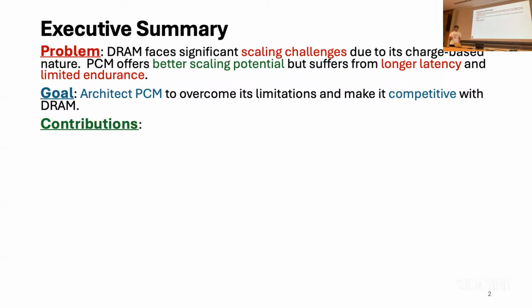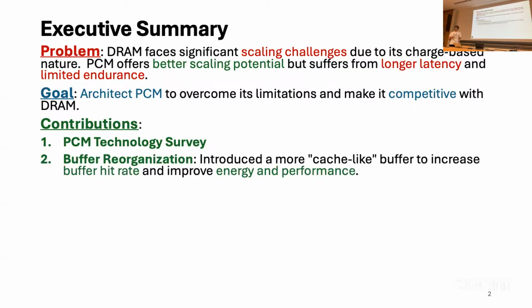The main contributions of the paper are, first, the authors survey recent PCM prototypes and derive a model which can be used in architectural studies. They evaluate different buffer organizations, specifically introducing a more cache-like buffer into the PCM, which through increased hit rate aims to improve energy and performance of PCM.